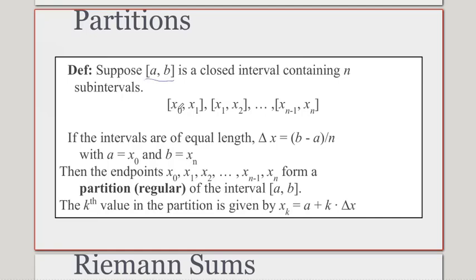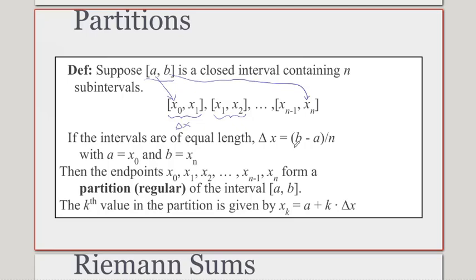So you've just broken it up. So a corresponds to the very first one, x naught, and b corresponds to the very last one, x sub n. Now, we're going to suppose that each of these subintervals has the same length. So we're going to call that length delta x.